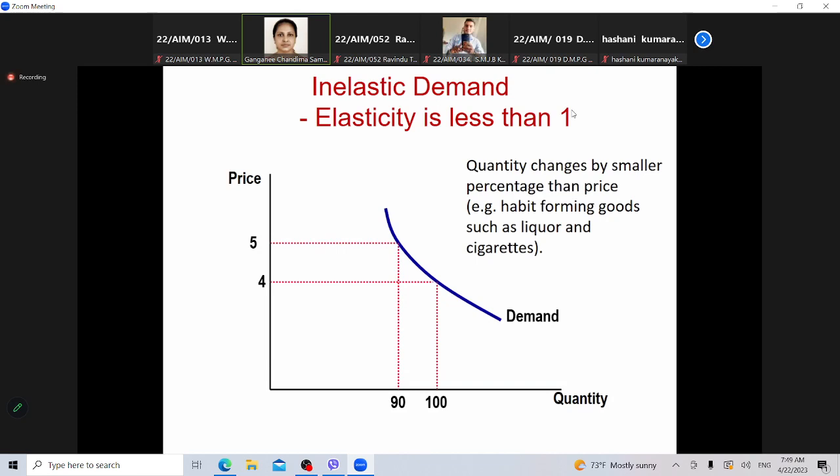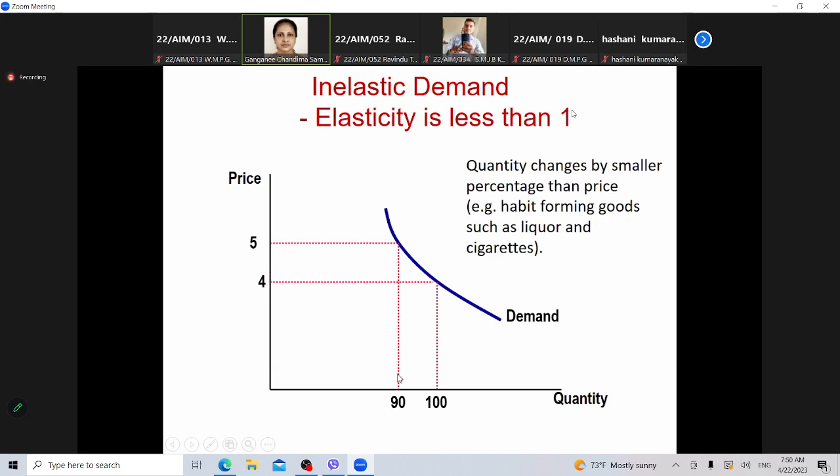So quantity changes by a smaller percentage than the price. Let's say liquor, cigarettes, this type of thing. Though the price changes, normally people will not change the quantity demanded drastically. The quantity changes by a smaller percentage, but the price increases.